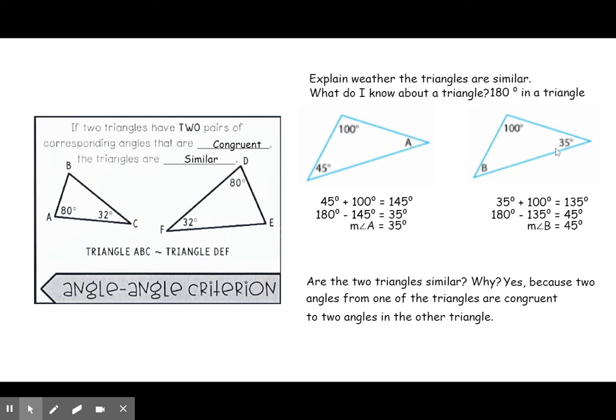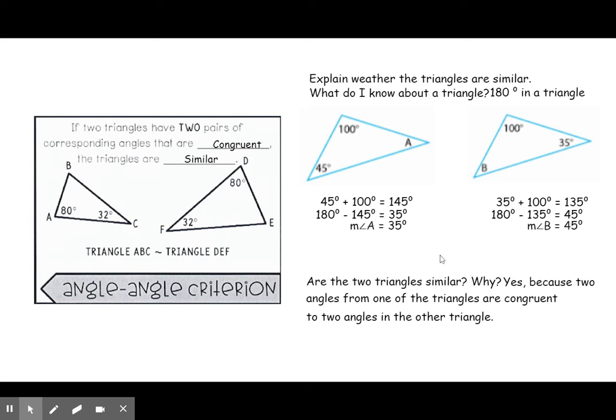Those are congruent. And then angle B is also 45, so those are also congruent. So all three pairs are congruent. Are they similar? Yes, because two angles from one of the triangles are congruent to two angles in the other triangle.